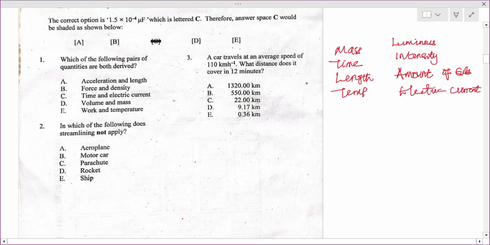Others are derived quantities from the combination, either by multiplication or division, of any of the fundamental quantities.